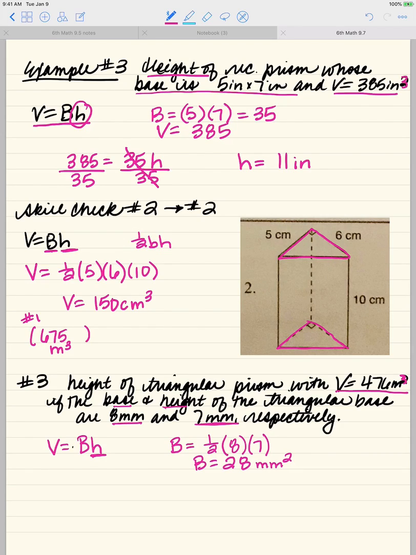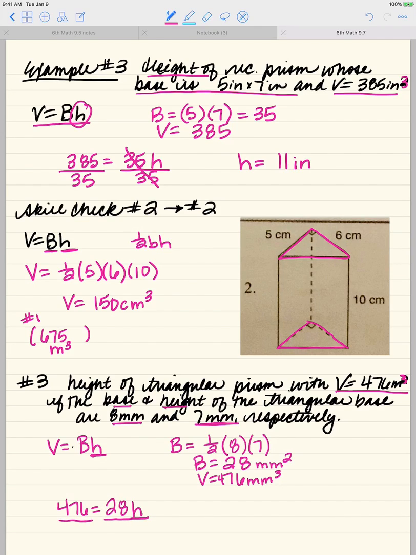There's the area. So now we're going to plug in what we know, because we know that the volume was 476 millimeters cubed, and we know that big B is 28. So 476 is equal to 28 times little h.